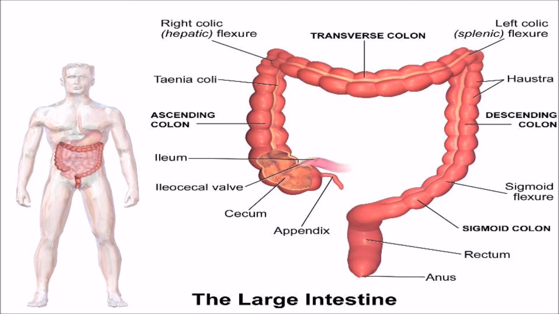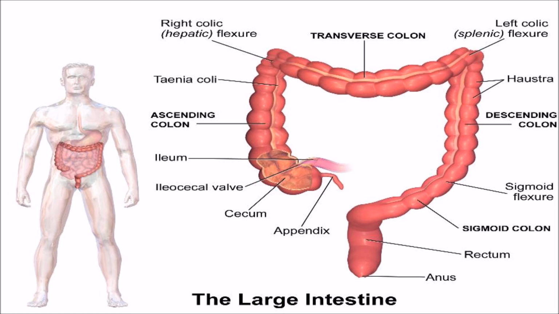The ascending colon continues up the right side of the body from the cecum to the lower part of the liver. The transverse colon extends across the abdomen, below the liver and stomach, and above the small intestine. The descending colon extends down the left side of the body and connects with the sigmoid colon and the rectum.